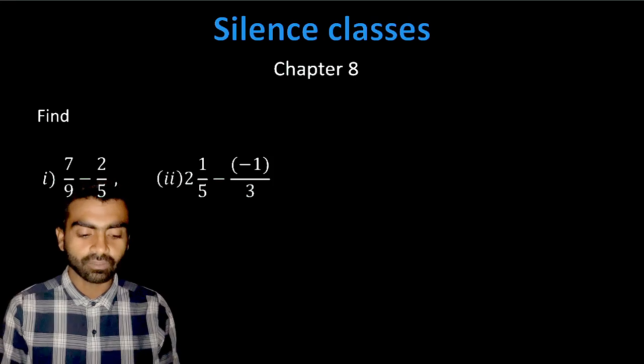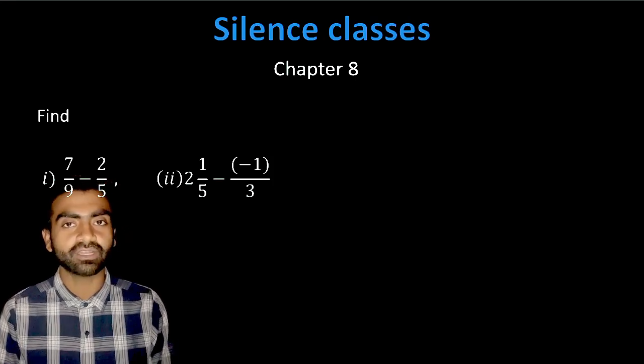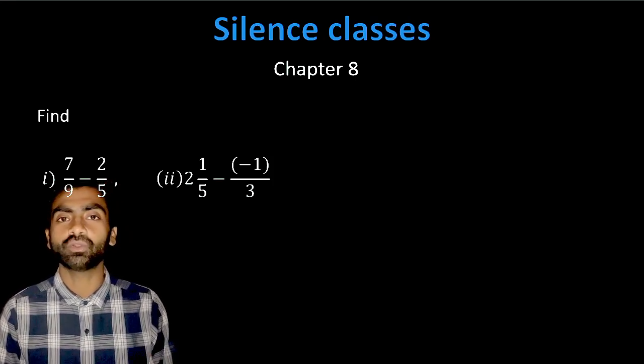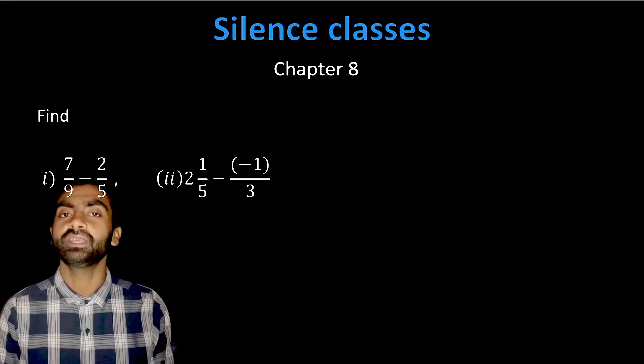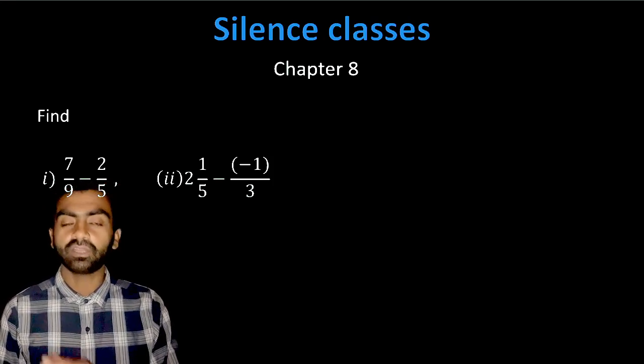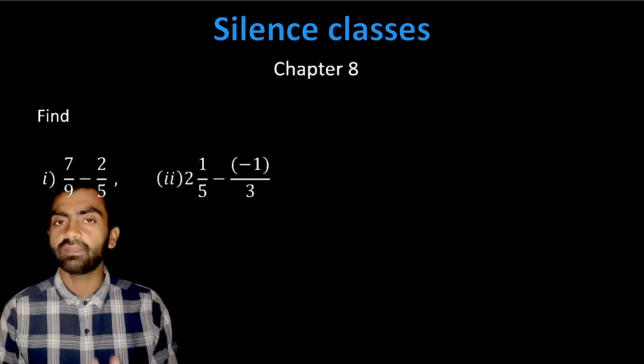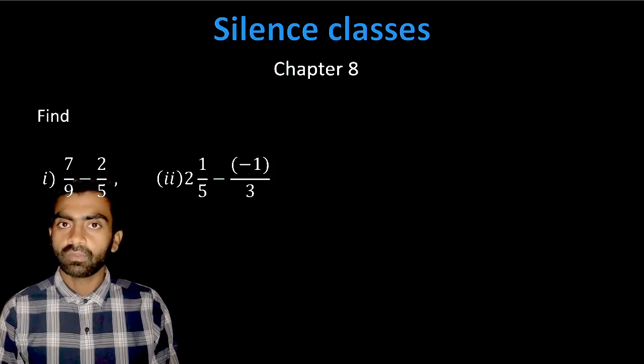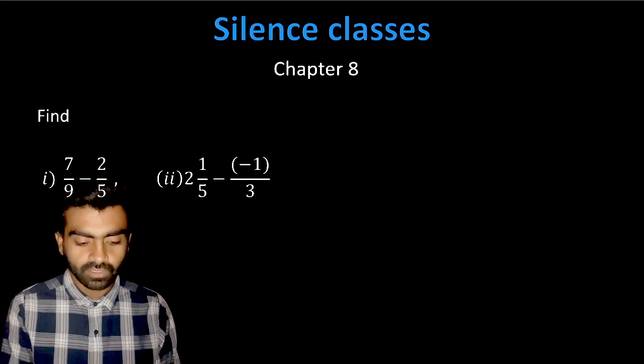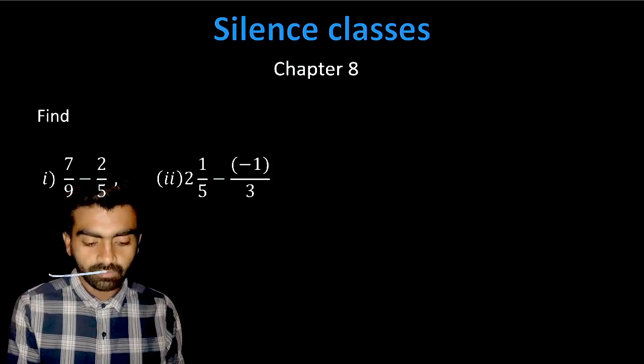For the subtraction, first of all we check that the denominators are not the same, so we have to make the denominators equal. There is no such table in which 9 and 5 both come, so we can multiply 9 by 5 to get 45. So the LCM is 45.